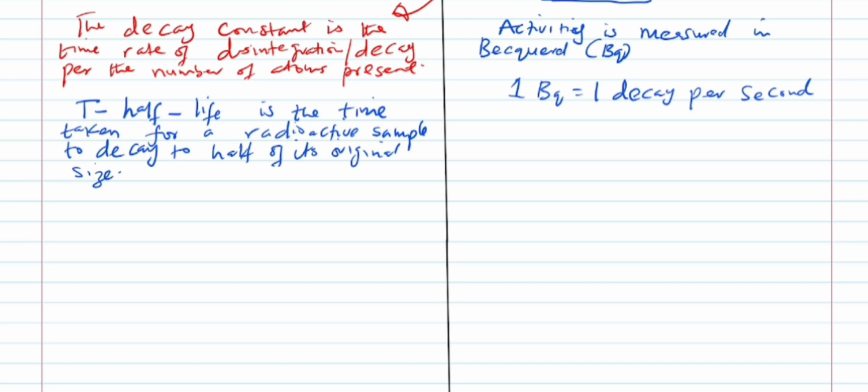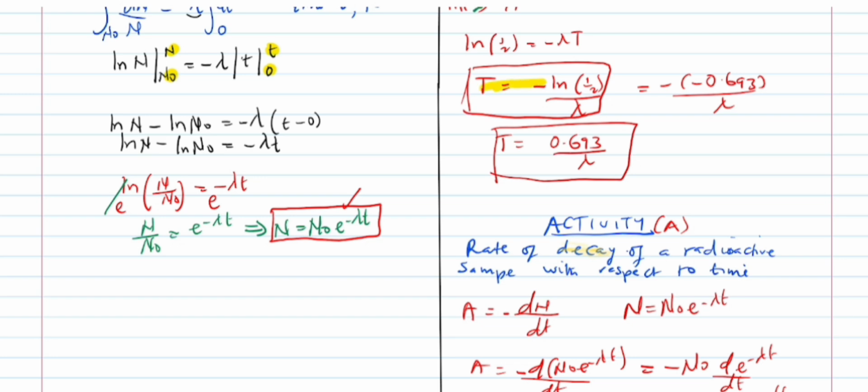Okay, so now I'm going to show you a simple formula that can be used to determine the half-life of a radioactive sample. Now we know that N is equal to N naught e^(-lambda t). So N over N naught is equal to e^(-lambda t). Now we know that lambda is equal to negative ln(1/2) all over T from this equation over here.